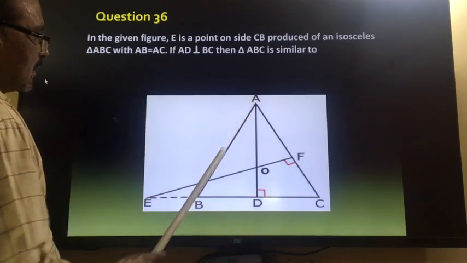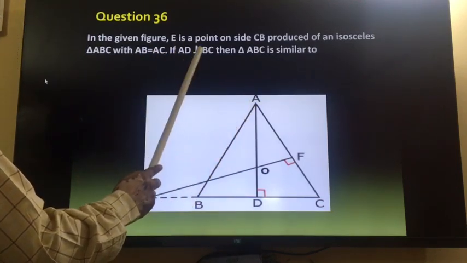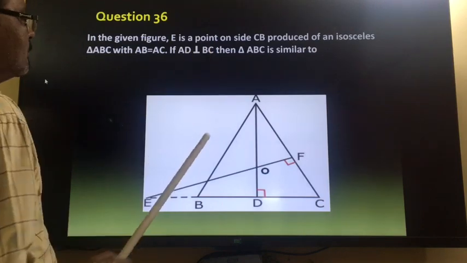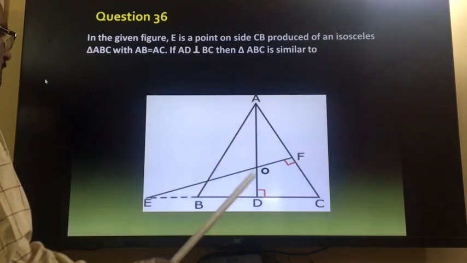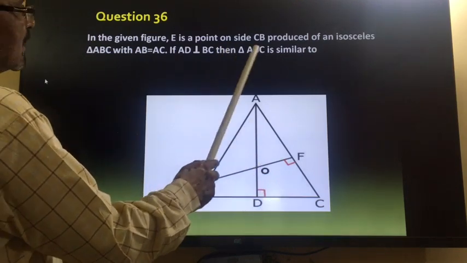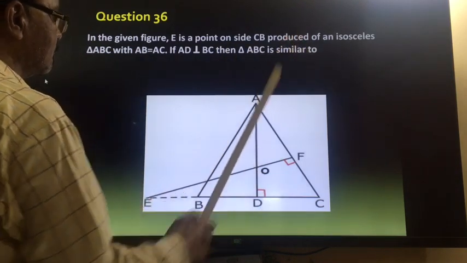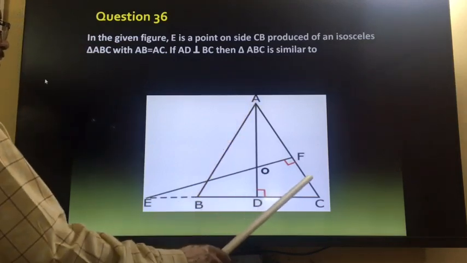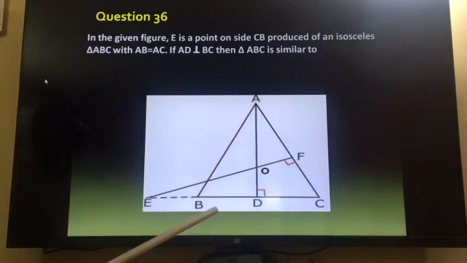AB line and AC line are equal. If AD is perpendicular to BC, so this angle is 90 degrees, then triangle ABC is similar to which triangle? This we have to find out.